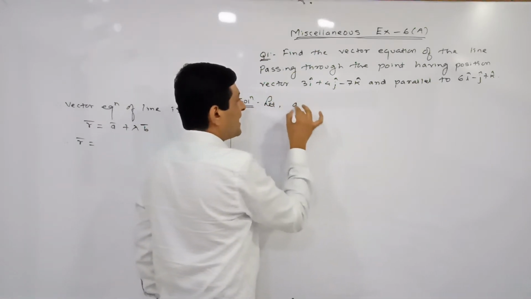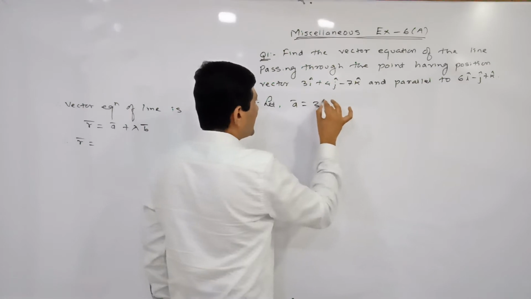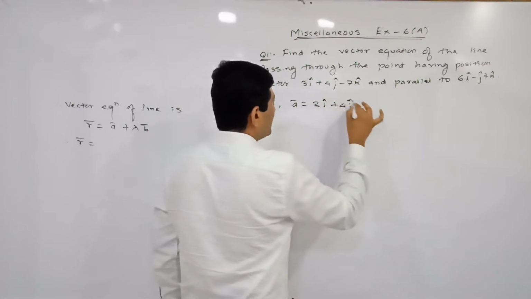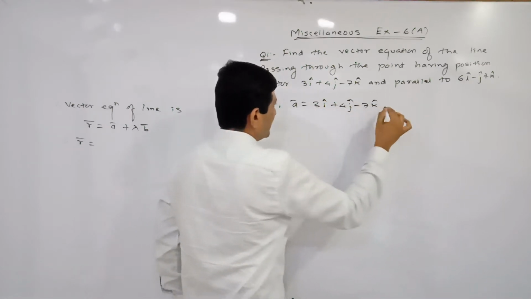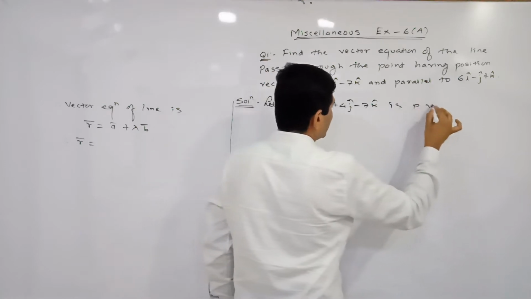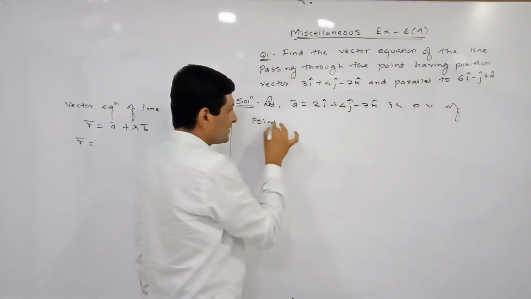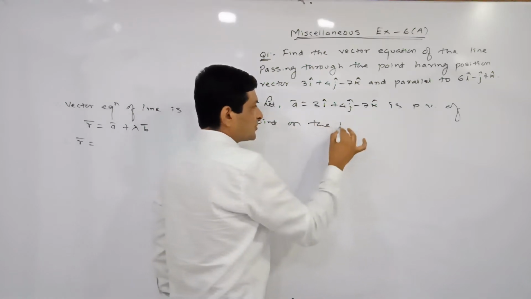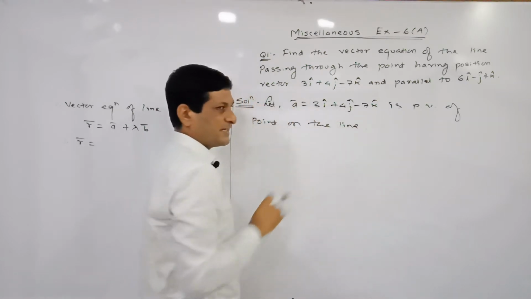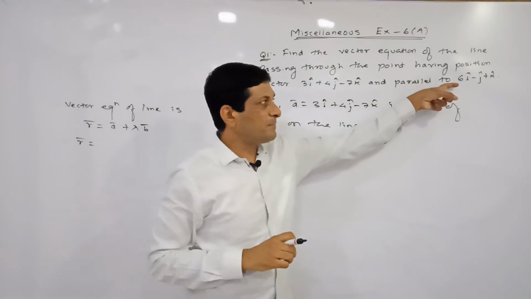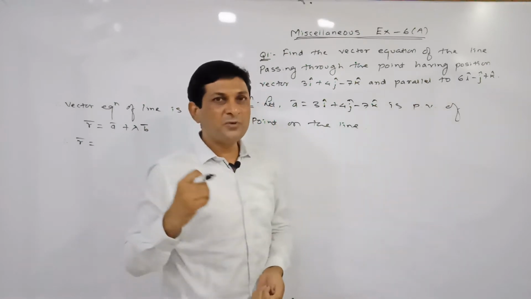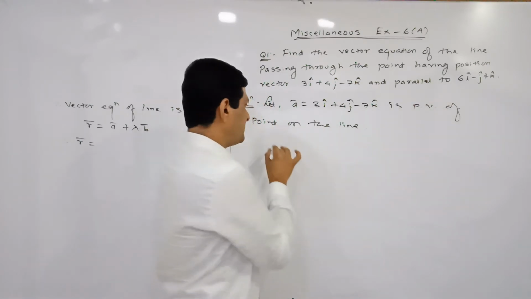So let a bar is equal to 3i cap plus 4j cap minus 7k cap is the position vector of a point on the line. So this value is already given in the example. Now this is the vector parallel to the line. In our formula we have denoted that vector by what? b bar.